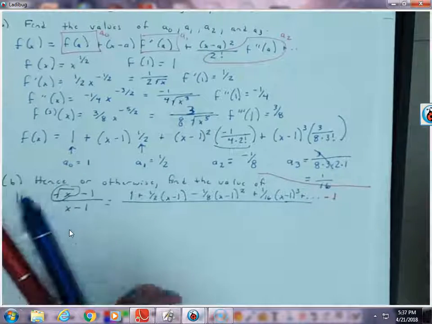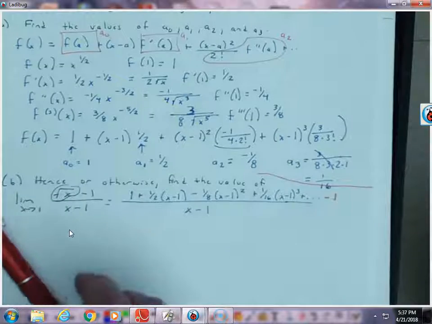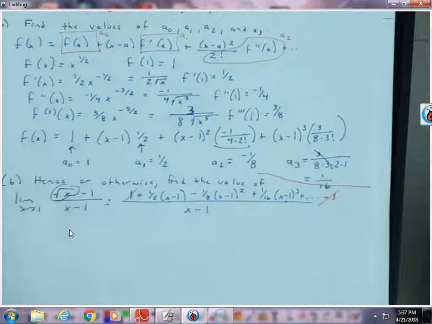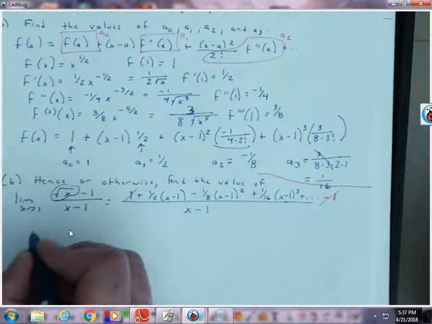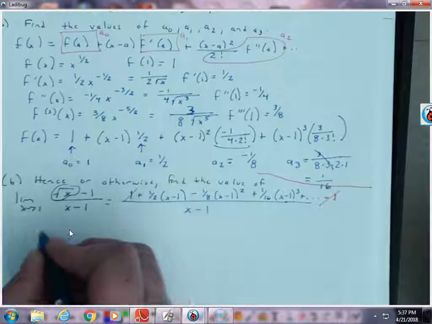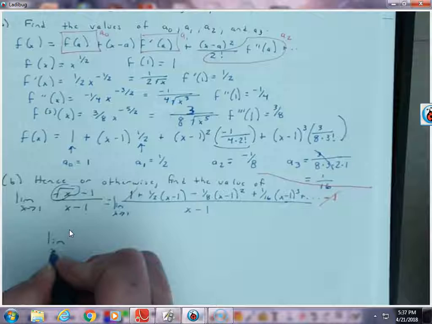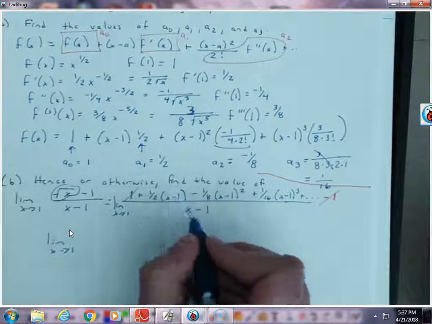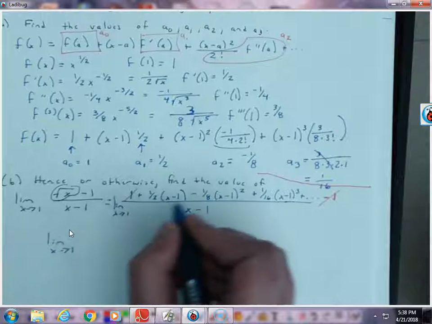Okay, and then in the denominator, you have x minus 1. Okay, so what's nice here is the 1 minus 1 cancels. And so you're dividing each one of these terms separately. So we still want the limit as x approaches 1. And if you divide this term by x minus 1, that would cancel.